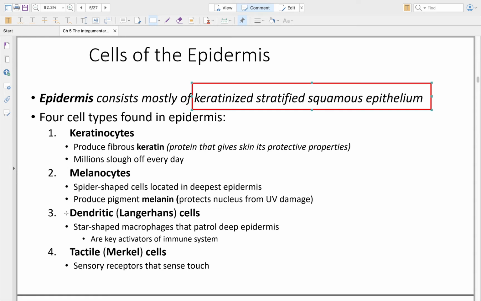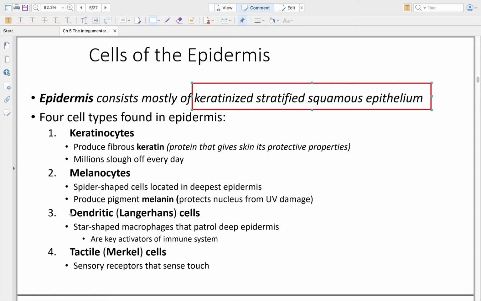Dendritic cells are important. These are the star-shaped immune cells, and they patrol the epidermis and protect your body. They're one of our first lines of defense against any kind of invader. If it gets into the epidermis and meets one of these cells, well, that's the end of that.